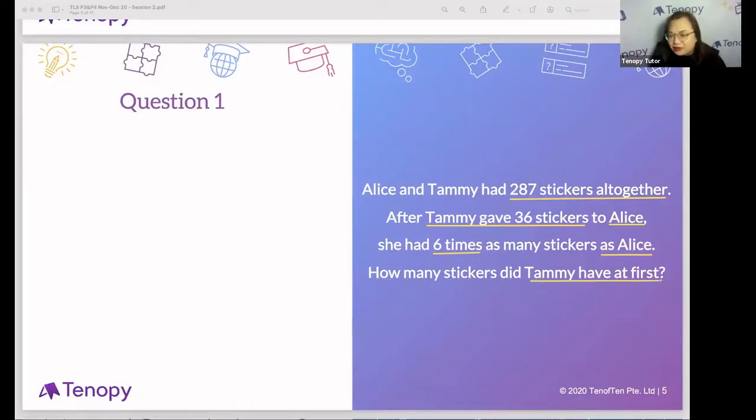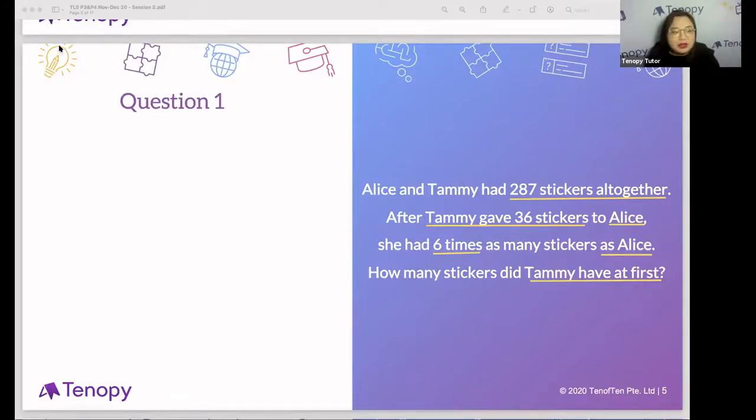Tammy have at first. So these are some of the keywords. Now, after we identify the keywords, what should I do now? Okay, what should you guys suggest that I should do? Now, should I do BCA, the before change after table, or should I draw a model? What do you guys suggest that I should do?